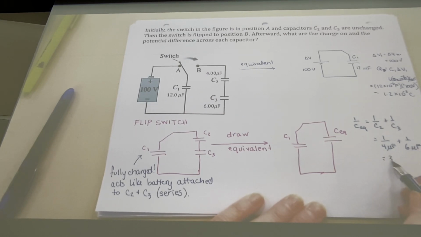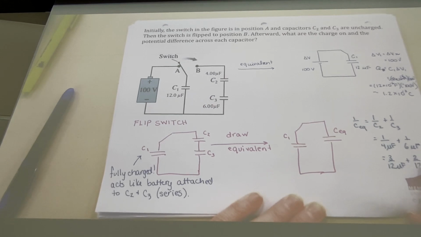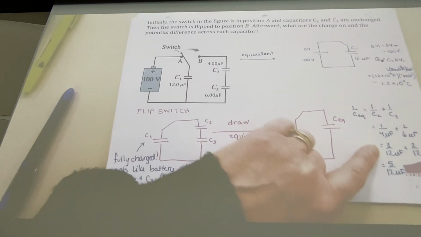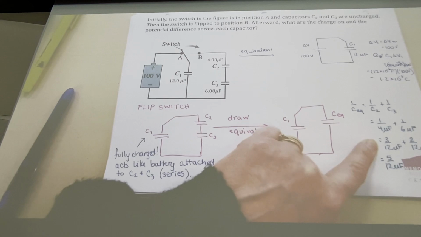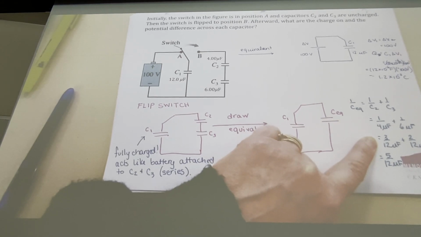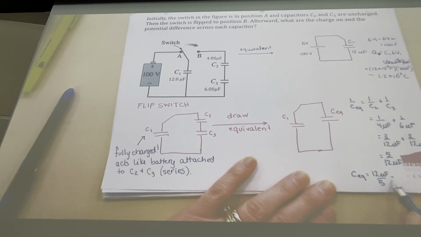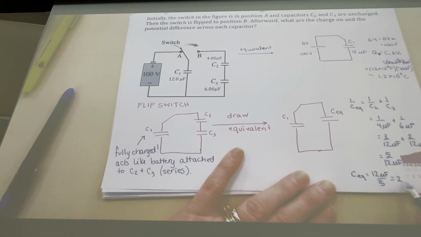So that would be 3 over 12 plus 2 over 12, 5 over 12 microfarads. Given my age, I tend to do a fraction addition. If you guys did this on your calculator, I wouldn't care at all. Doesn't matter. So our C equivalent then is 12 microfarads divided by 5, or 2.4 microfarads.